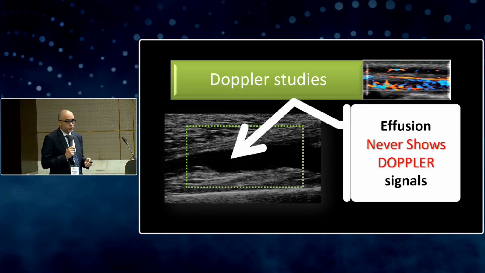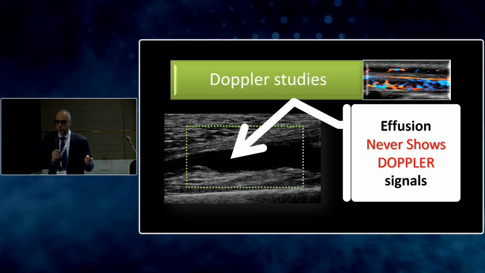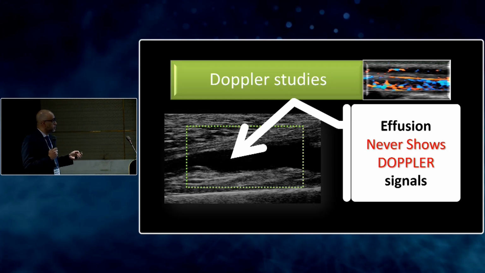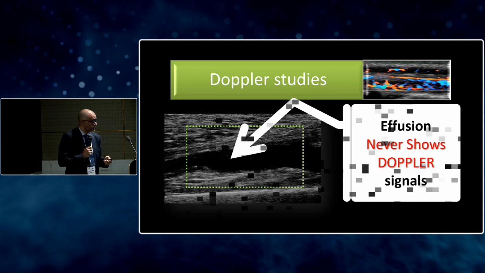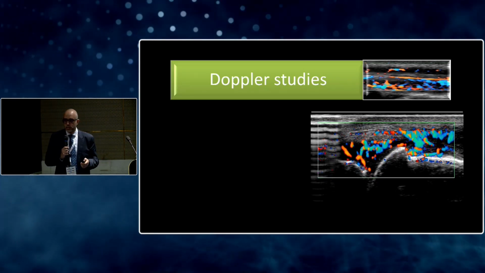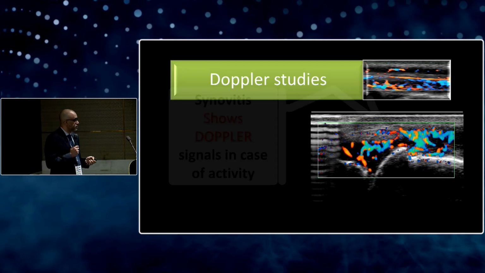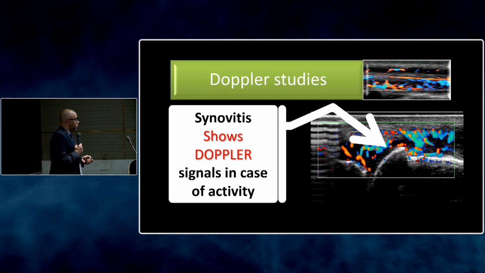The second most important is the Doppler signal, but it is not always there, depending on the activity of the joint inflammation. Fluid or effusion doesn't present a Doppler signal, while synovitis, if it is active, also shows a Doppler signal inside. This is the basic differentiation between synovitis and effusion.